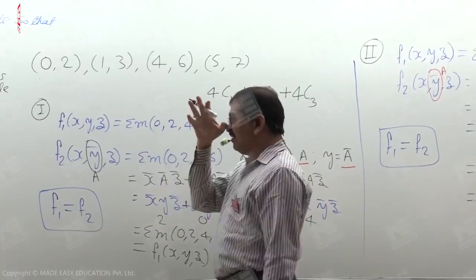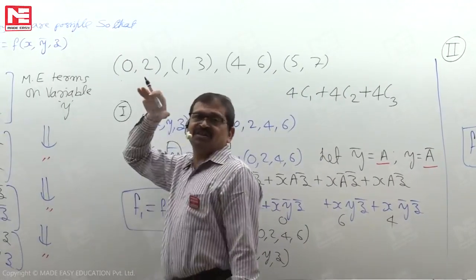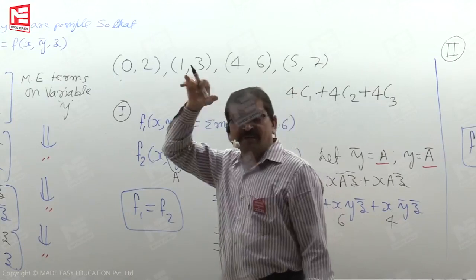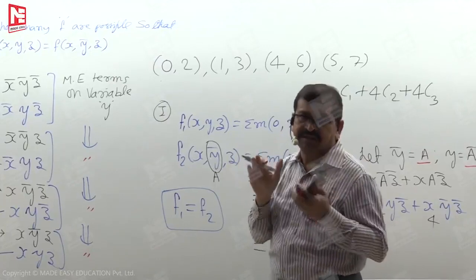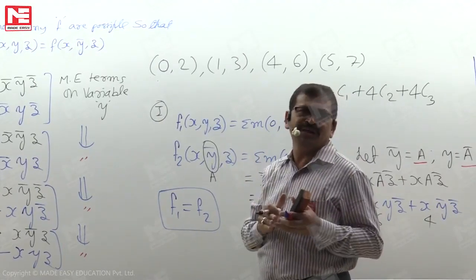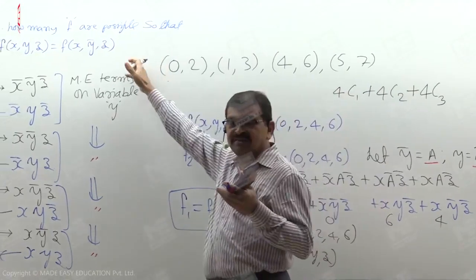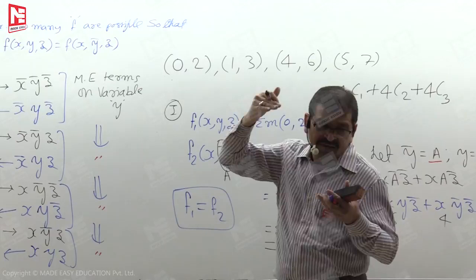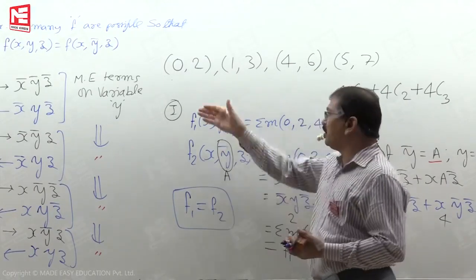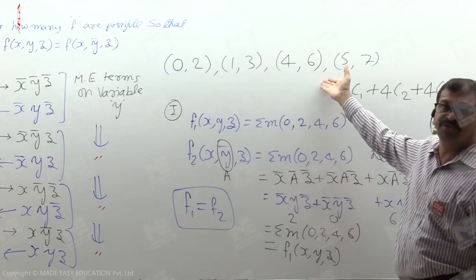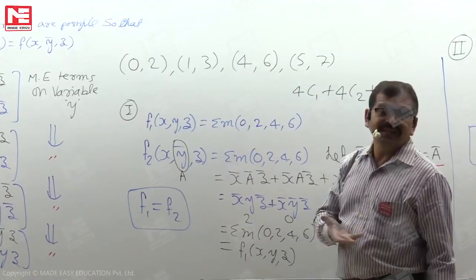Similarly, if you want a function with 8 minterms satisfying this condition, because on 3 variables a total of 8 combinations are possible, then we need to take all 4 pairs as minterms. 4 into 2 gives 8 minterms.